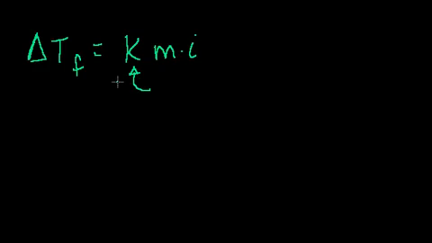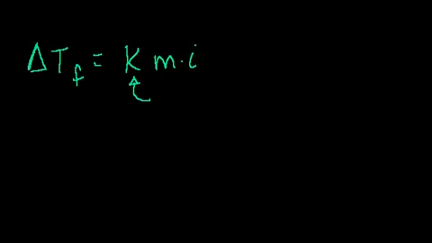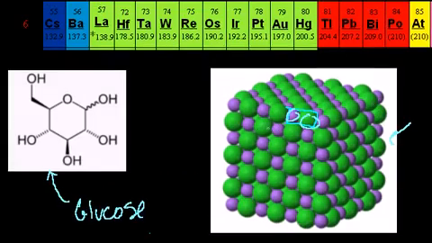But the really big takeaway is to realize that even if you have a mole of this and a mole of that, dissolved into the same amount of water, this dissociates into 2 moles for every mole of the crystal you have, while this doesn't dissociate, it just stays as 1. So this will have twice as large an effect on the freezing point change or on the boiling point elevation than the glucose will.